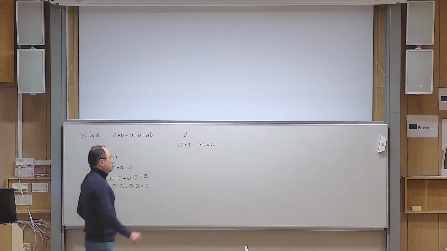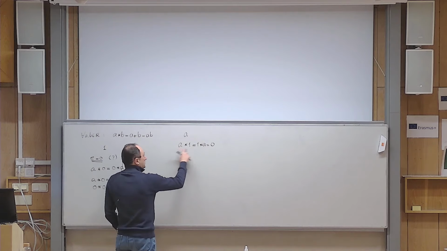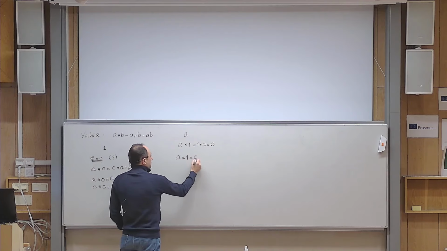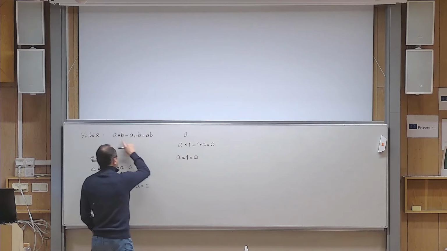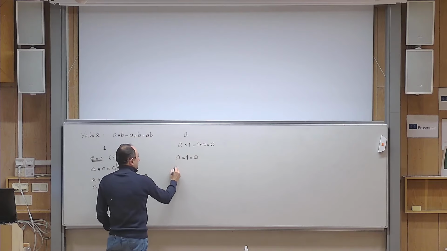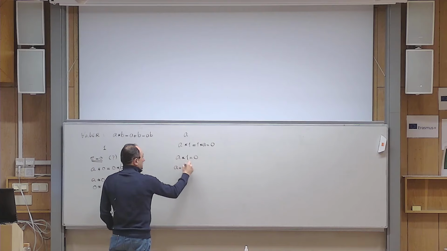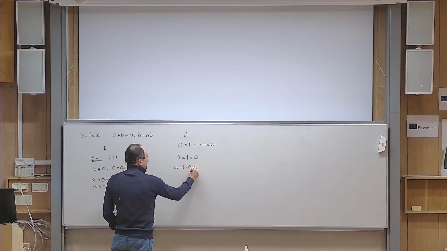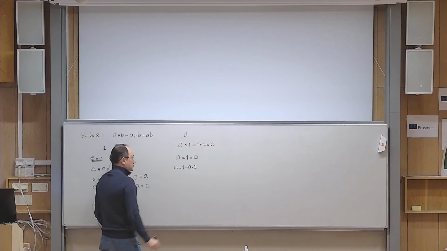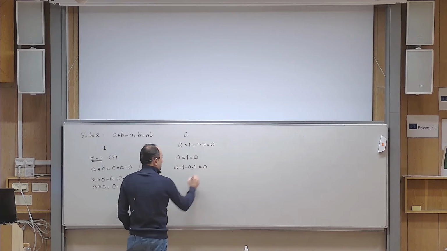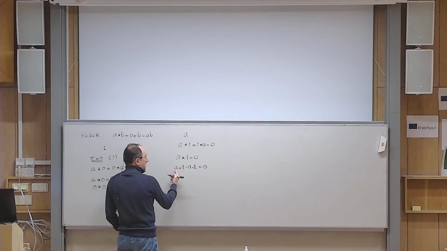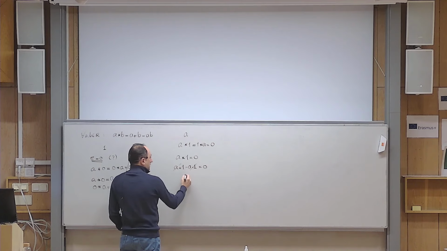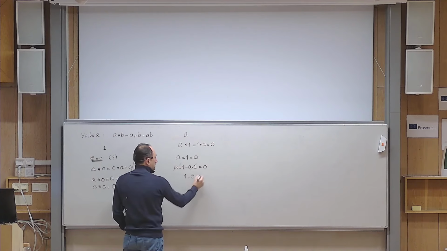Yes? So, but now let us see what happens. A star 1 equals 0. But A star 1, according to the definition, is the first number plus the second number minus the product of the first and second numbers, equals 0. But then the minus A and A cancel, and I get 1 equals 0, and that's a contradiction.